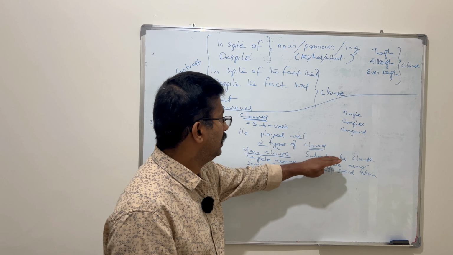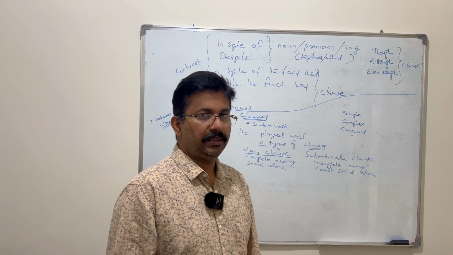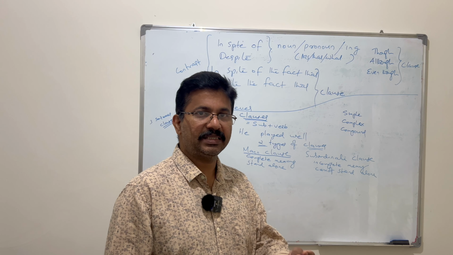Why? Because a subordinate clause cannot stand alone with full meaning. So between two full stops, you can't write only a subordinate clause. There must be a main clause along with that. All right. Does that make sense?